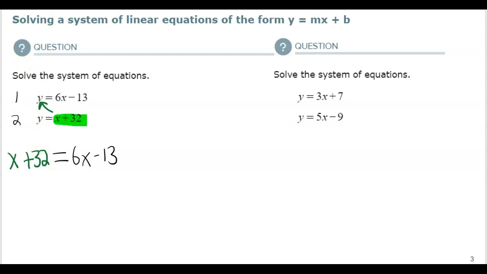So now I can actually solve this for x because I have all of the same variables. I just have x's. So I can go ahead and combine like terms.